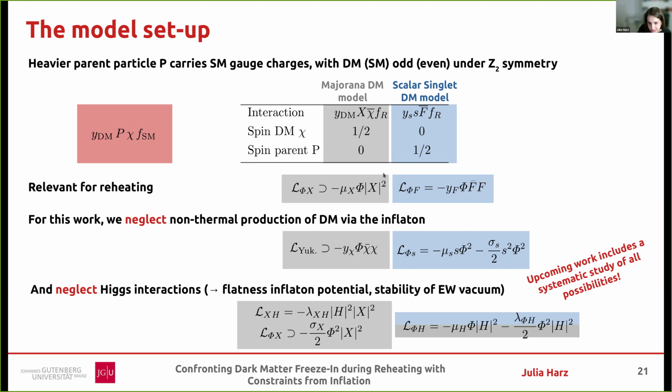But in this setup, when we have only the parent particle, which is here the boson, we don't have any other fermion that can interact with the inflaton. Of course, you can still imagine the inflaton decaying into vector-like fermions.